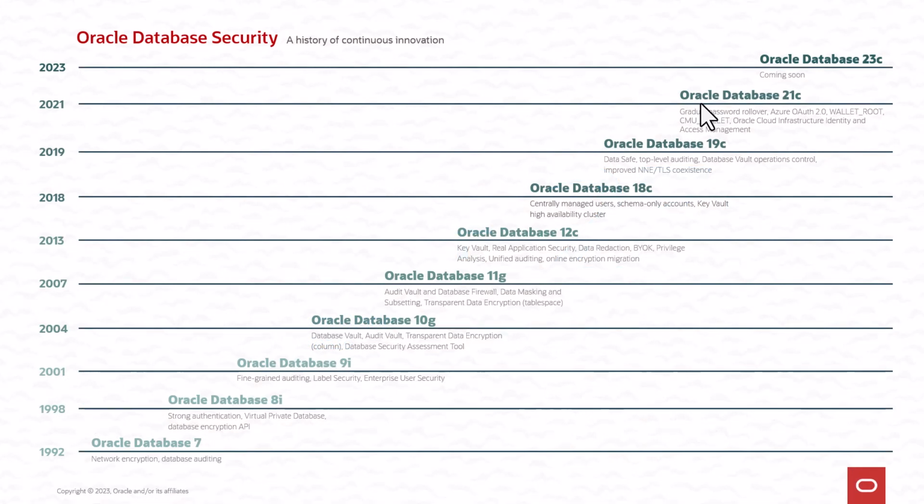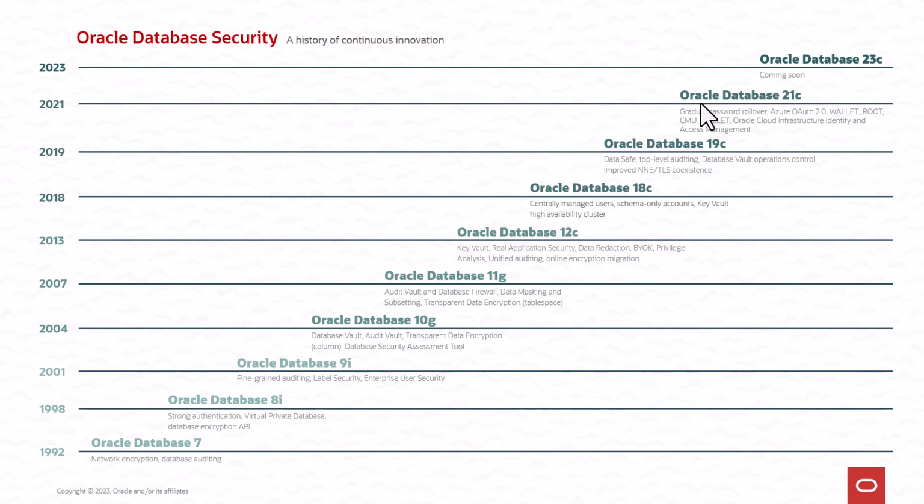As you know, Oracle has had a strong portfolio of security features for a long time, including free features such as auditing, the database security assessment tool, or privilege analysis, which is just part of Enterprise Edition.